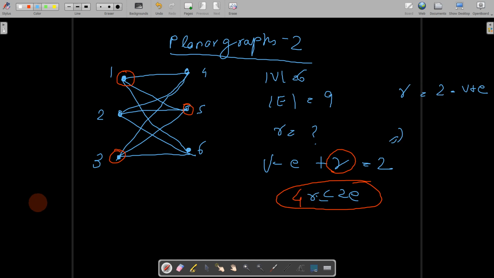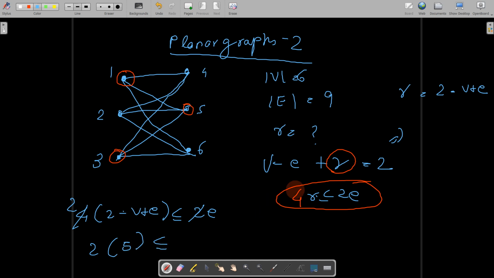Substituting, 4 times (2 minus vertices plus edges) is less than or equal to 2e, and we can cancel off. So 2 into (edges 9 minus 6), 9 minus 6 is 3, and 2 plus 3 is 5, is less than or equal to the number of edges, that is 9. Now it is coming 10 is less than or equal to 9.